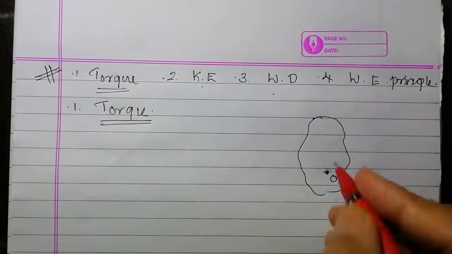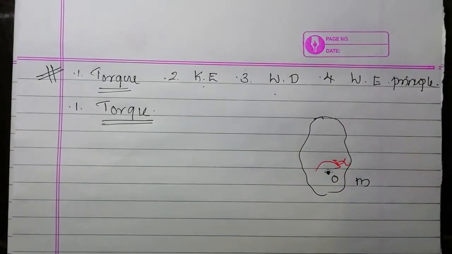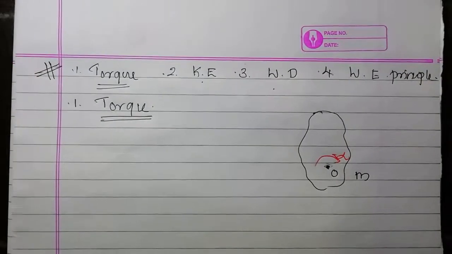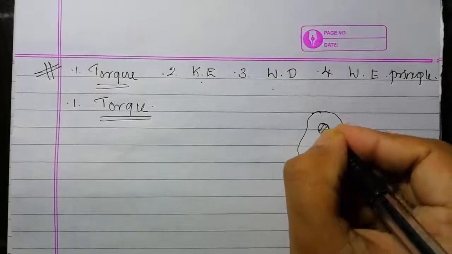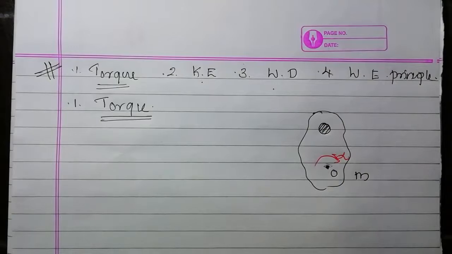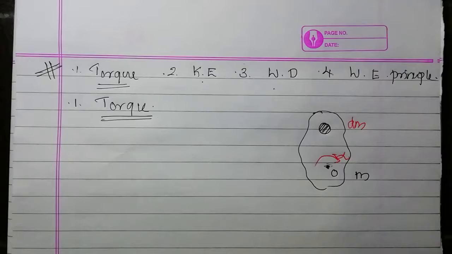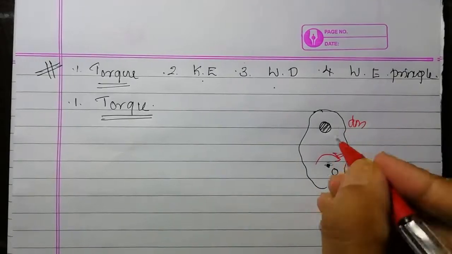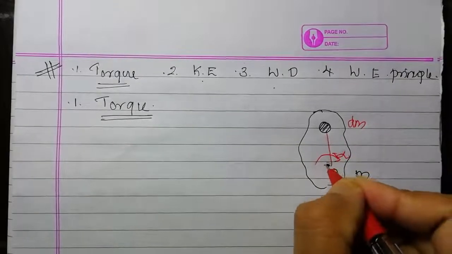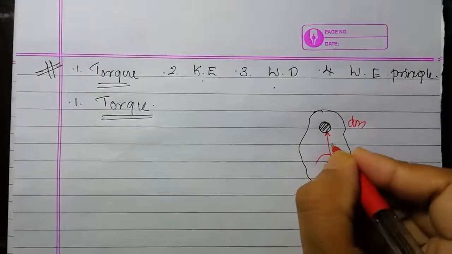Assume that its angular acceleration is some alpha. Okay, alpha is the angular acceleration. Then, for deriving the expressions, we will consider a small element having mass dm at a distance r from this point O. The perpendicular distance between point O and the element is r.